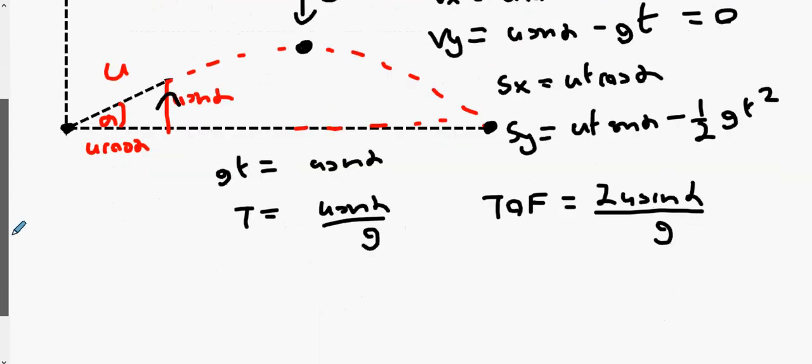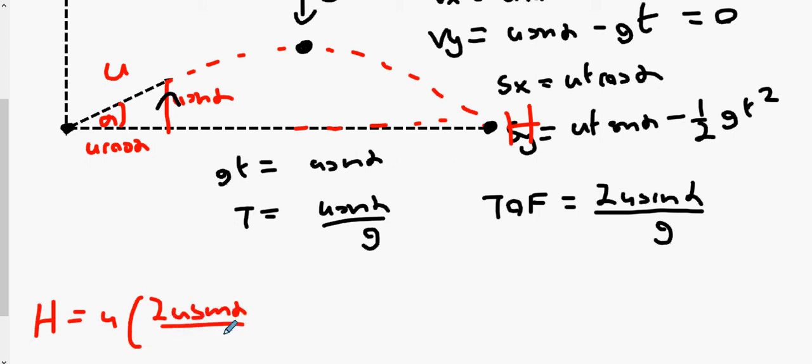Now, we're going to find the greatest height. Height is an Sy equation. So height is u times 2u sine alpha over g, minus a half g times t squared.